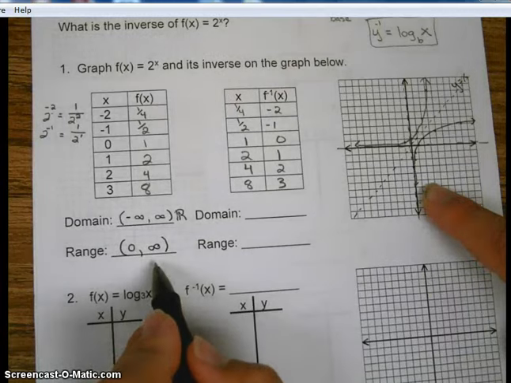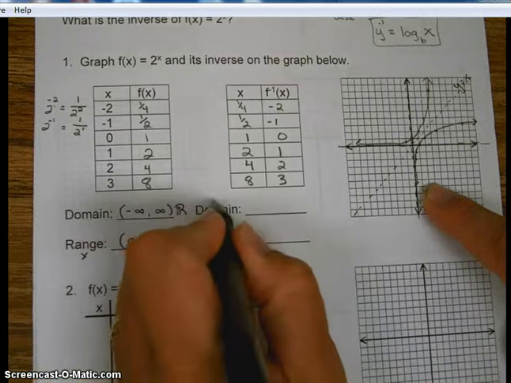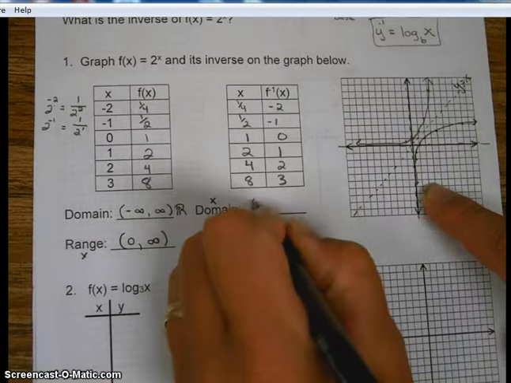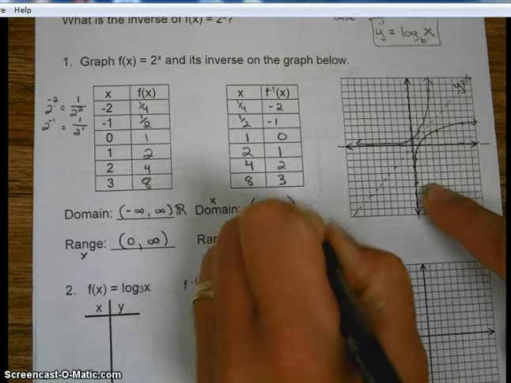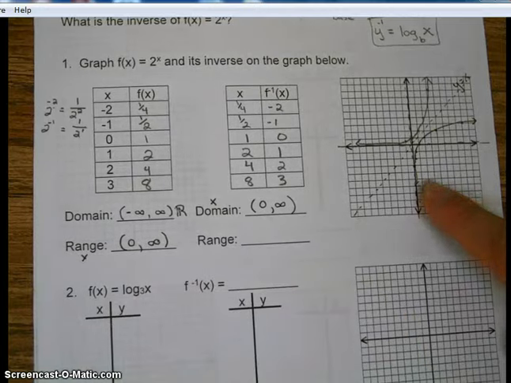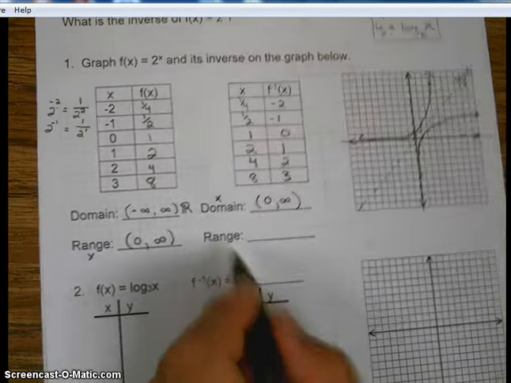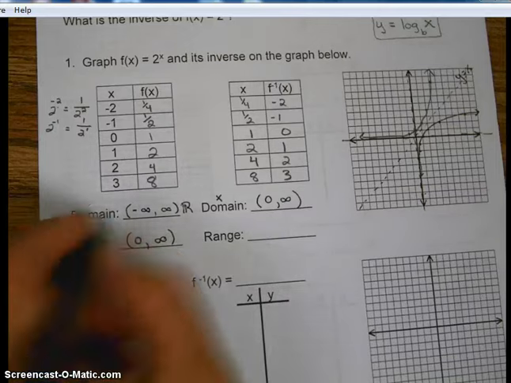We switch the x and the y, so the y, range is your y, that becomes your x. So very simply, 0 to infinity, 0 on the left, infinity on the right. Okay? The range is going to become the domain.